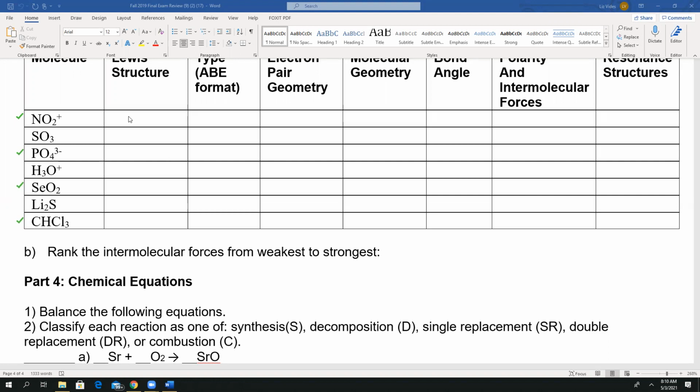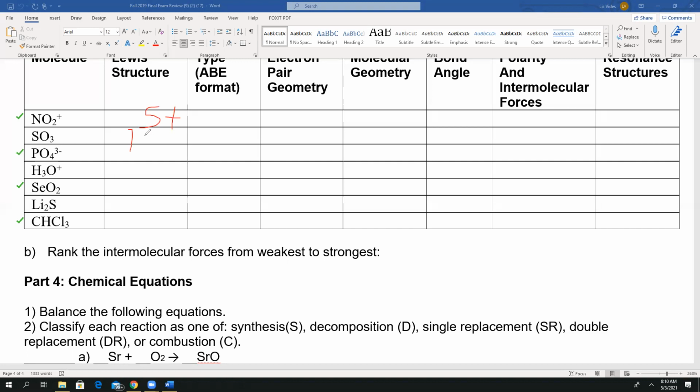All right, so the first one I'm going to do is NO2 cation. So remember, first you've got to do the tally. You've got 1 nitrogen in group 5, plus you have 2 oxygens times 6.